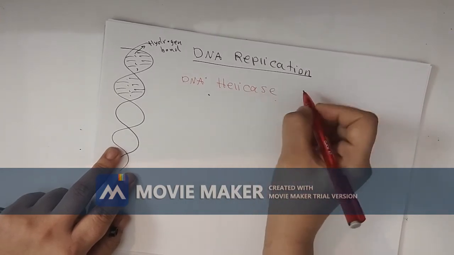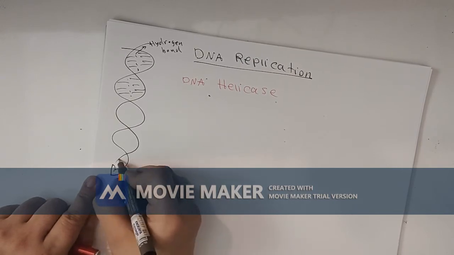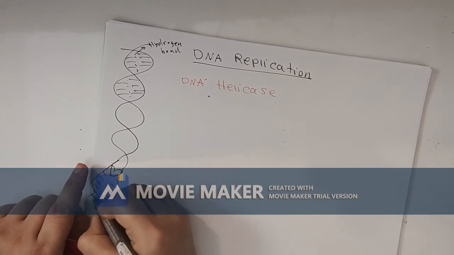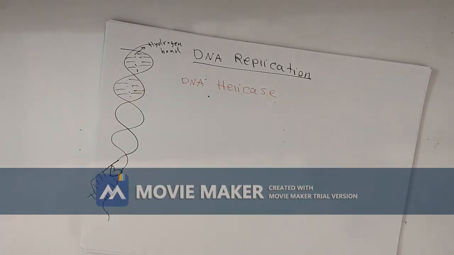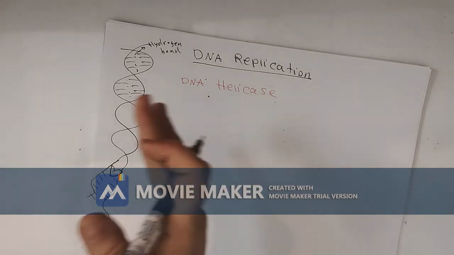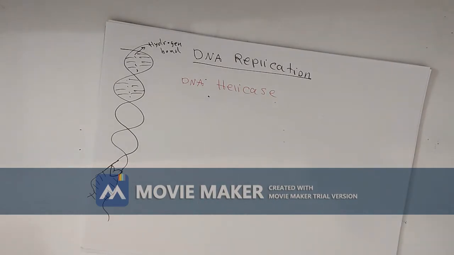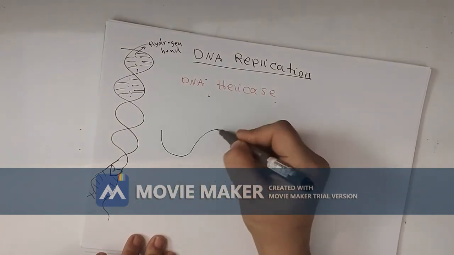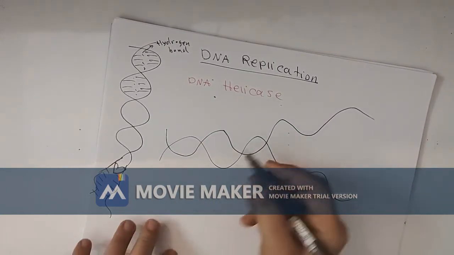DNA helicase comes and opens up, it moves like this, and opens up the strands like this. So what does it do actually? It breaks the hydrogen bonds between the bases and causes the molecule to be unzipped and become separated. And so by this action, the DNA helicase produces a template and makes the DNA ready for replication.